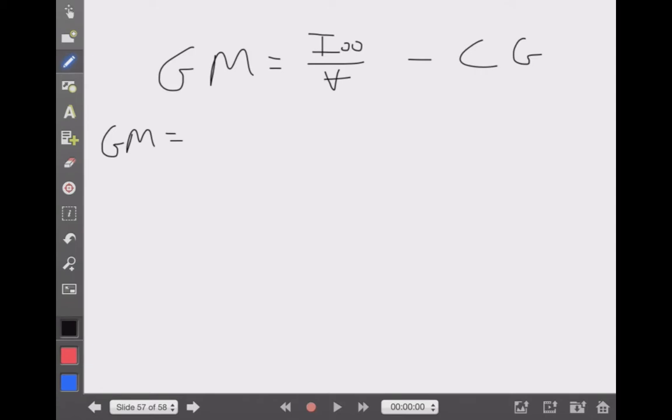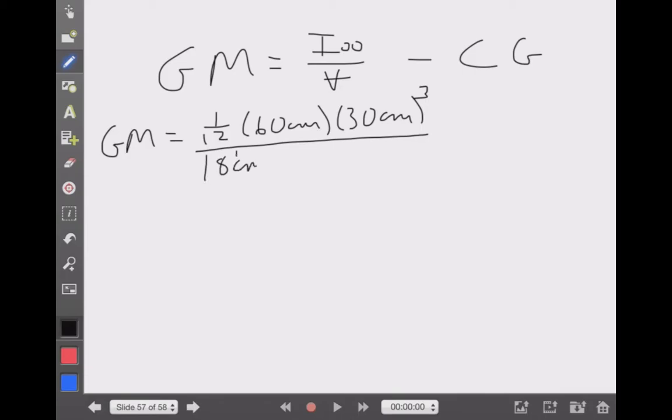This is 1 over 12 times 60 centimeters times 30 centimeters cubed, divided by the volume, which is 18 centimeters times 60 centimeters times 30 centimeters. And this is all going to be subtracted by 6 centimeters, which is the distance between our center of gravity and our center of buoyancy. We can see that we get some cancellations here.